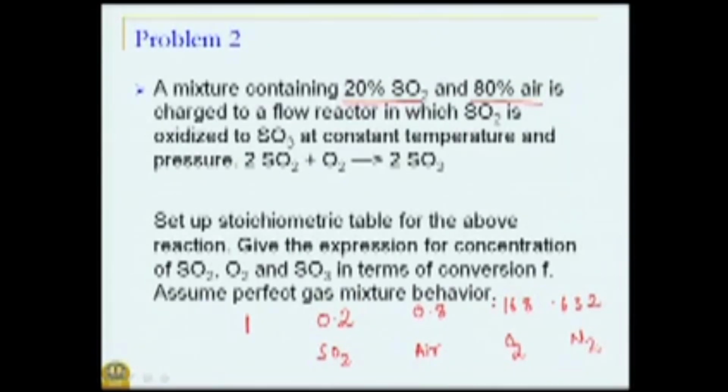Okay. So, what we have is 0.168 moles of oxygen and 0.2 moles of SO2.